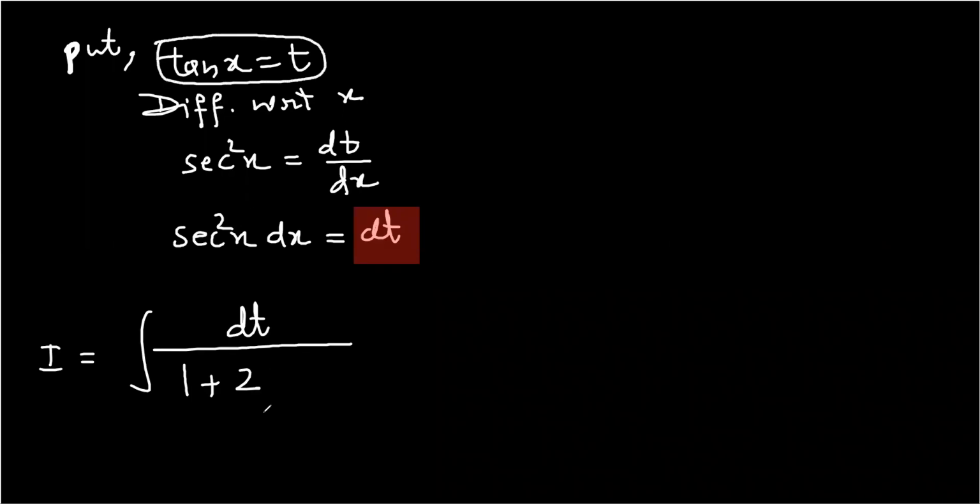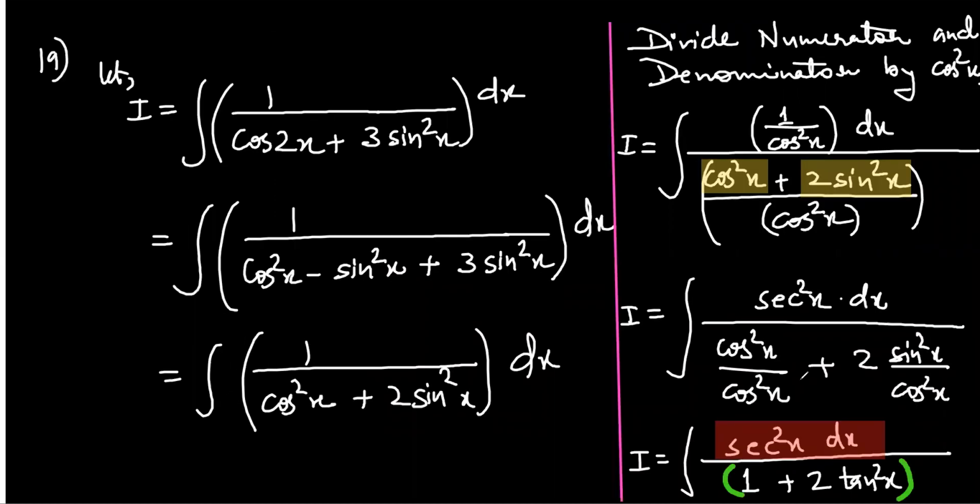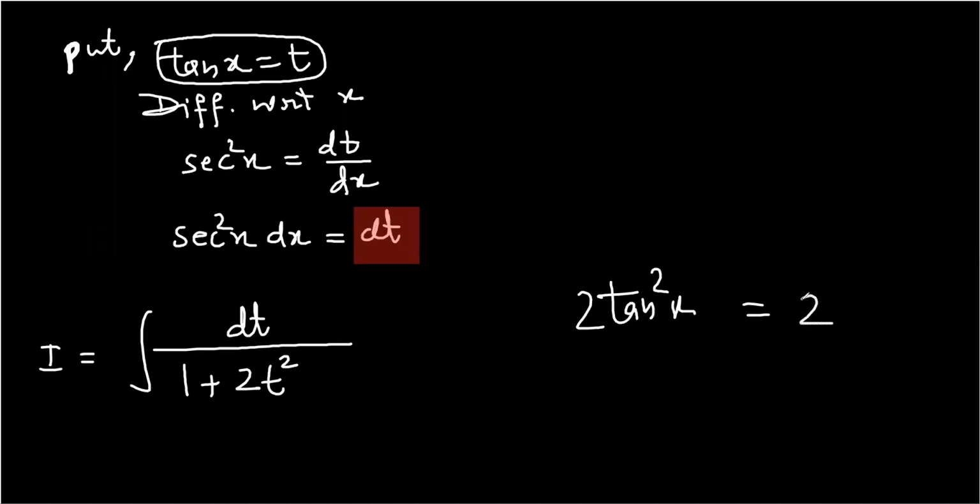So tan square x will be t square. Okay, I hope you followed it. I had 2 tan square x here, so this is nothing but 2 tan x the whole square. And tan x was t. So I get 2t square. Okay, that's very good.